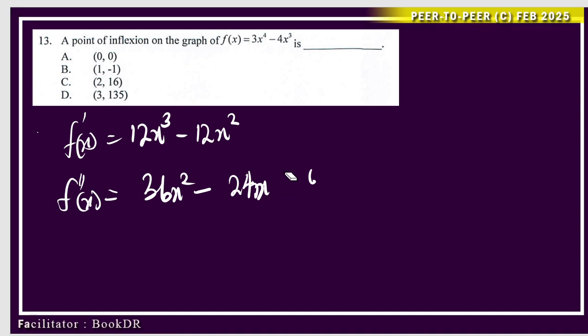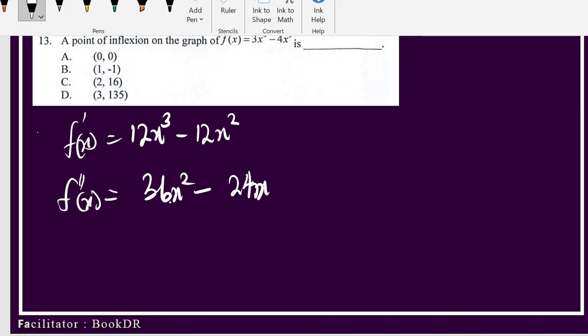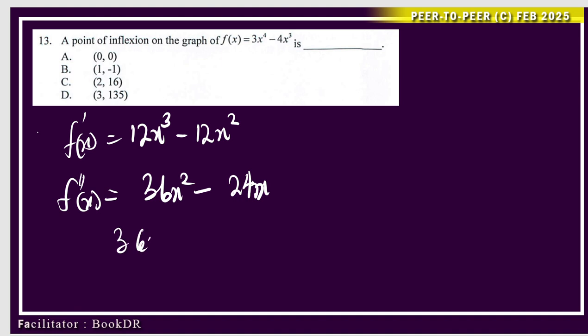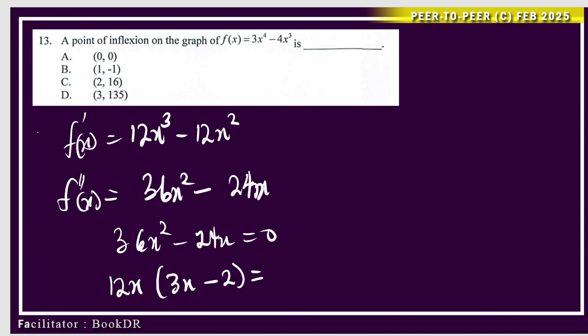So let's leave this one for the meantime. So this is the second derivative. At the point of inflection, this is equal to 0. So 3x squared minus 2x is equal to 0. That's solved by factorizing. We'll factorize 12x out. So when 12x comes out, here we'll have 3x, but here we have minus 2 is equal to 0.